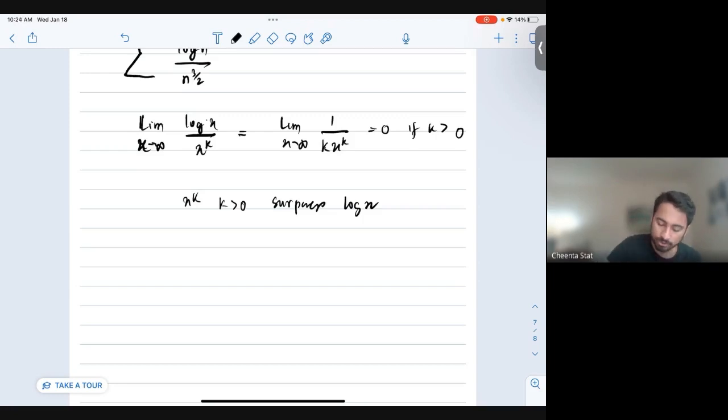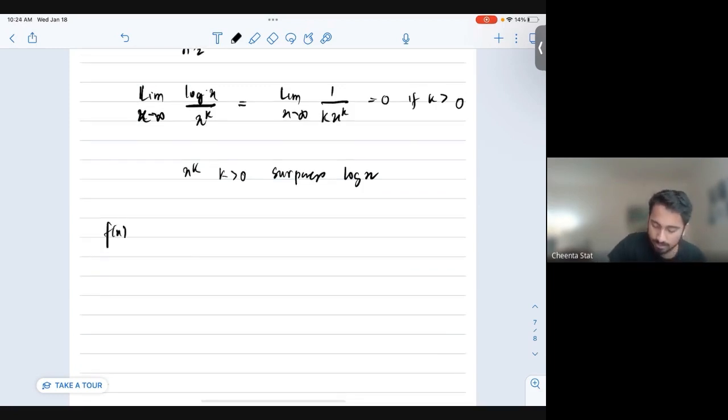So if you take the function x to the power k minus log x and differentiate it, at 0 it does not make sense. So let's do f dash x: you get k into x to the power k minus 1 minus this.